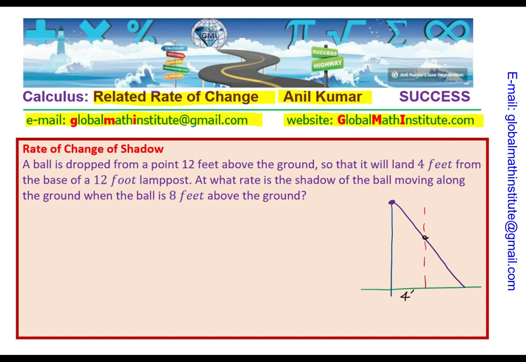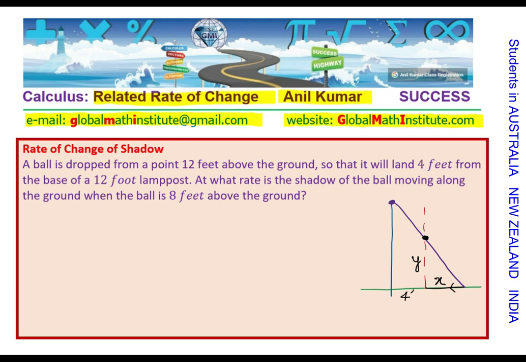If the ball is at height of y, for example, in that case, shadow length will be x. Right? So that becomes the shadow length. We are interested in finding the rate of change of shadow length as the ball is falling. Right? So you see the length is decreasing most of the time, so you expect a negative answer.